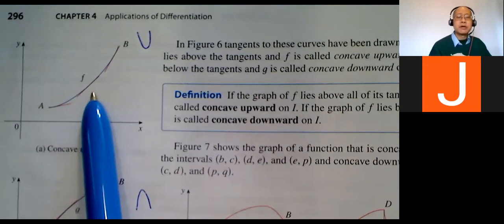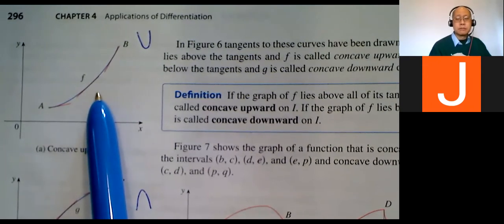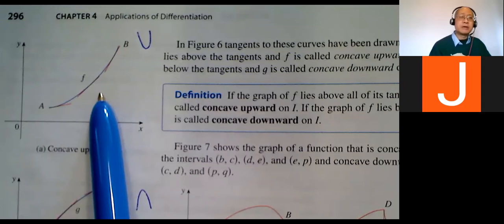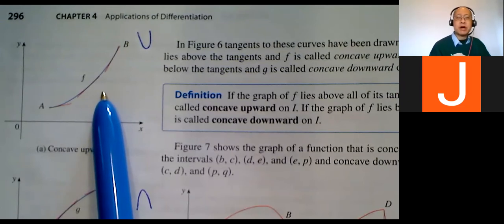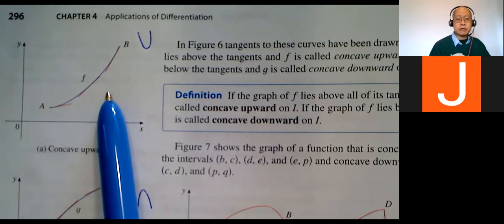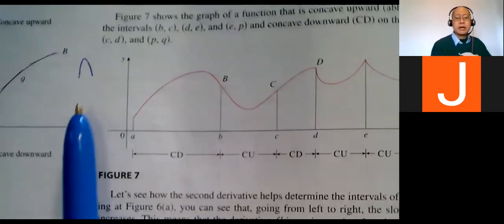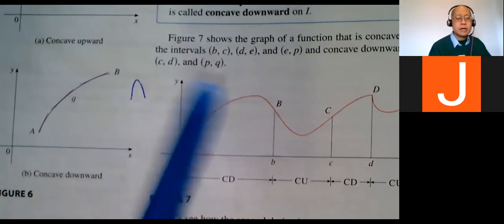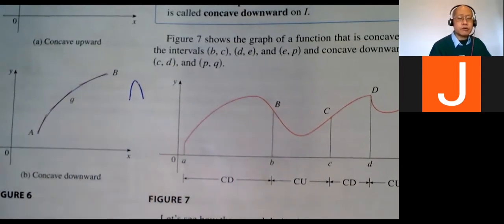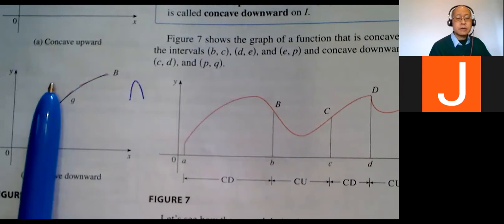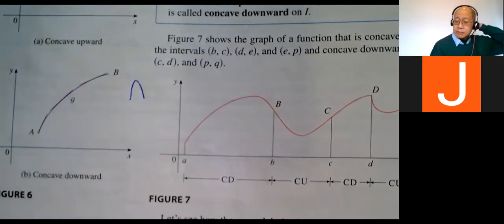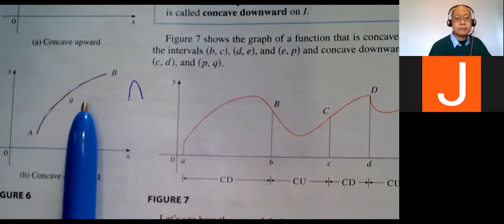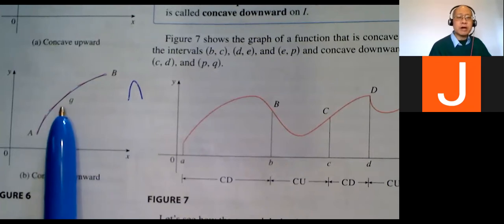That means m prime is greater than 0. But what is m itself? m is f prime. So m prime can be thought of as f prime prime, f double prime, greater than 0. Likewise, here the m's are decreasing. m's decreasing means, from the rule we just saw, that m prime is negative. But m itself is f prime. So f prime prime is negative.